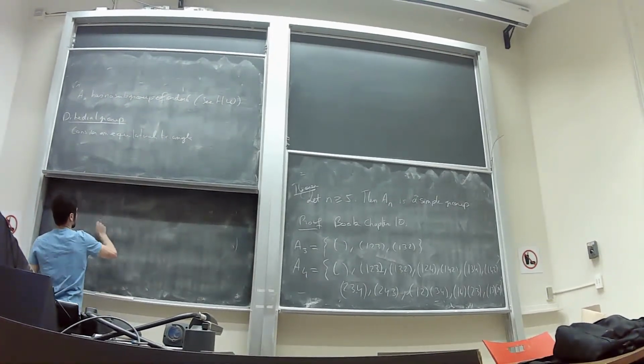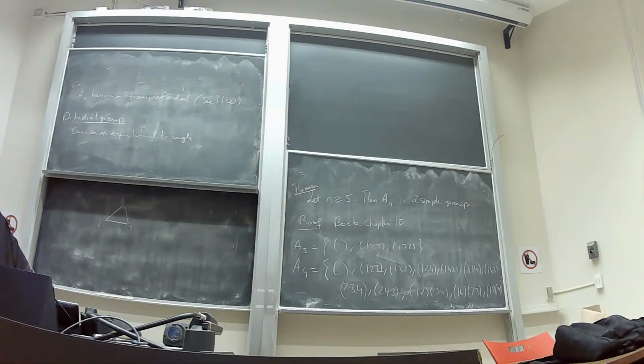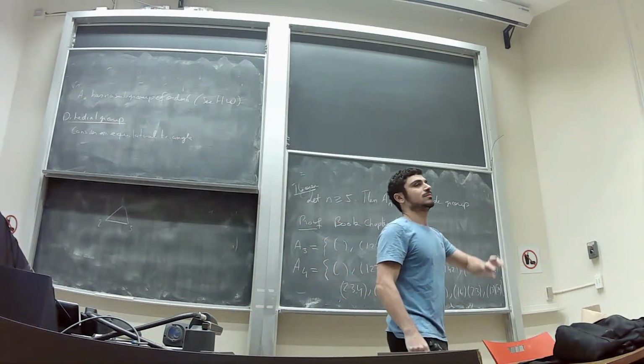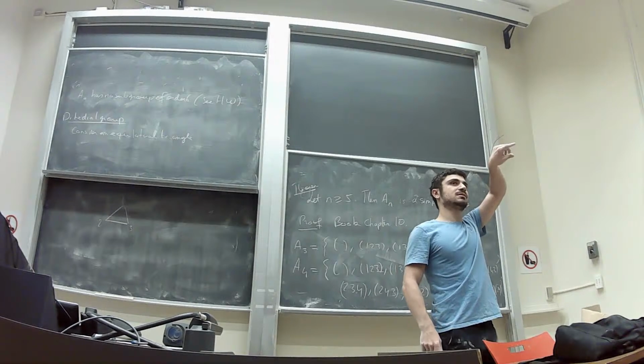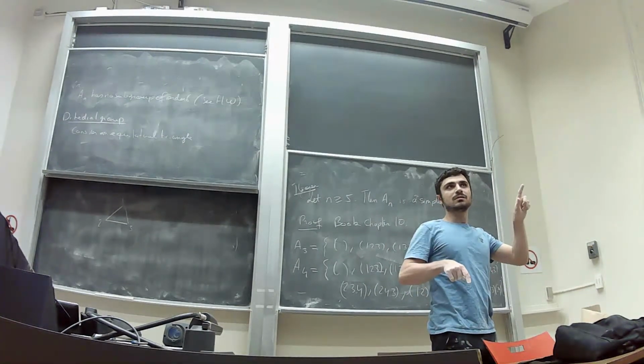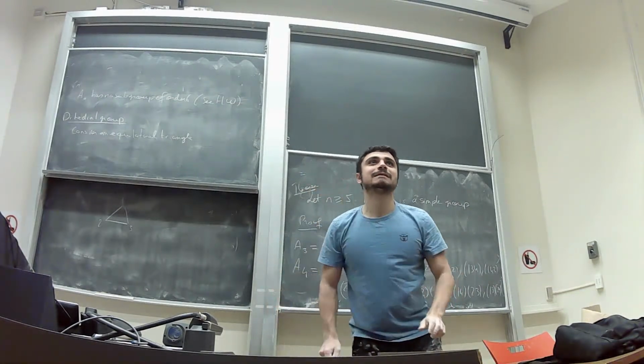Now what are the symmetries that preserve this triangle? If you rotate everything by 60 degrees counterclockwise, does that preserve it or not?